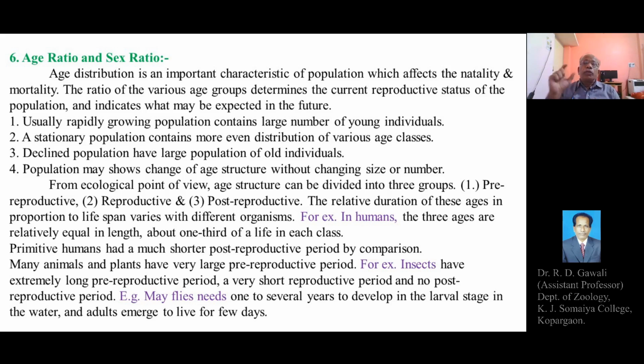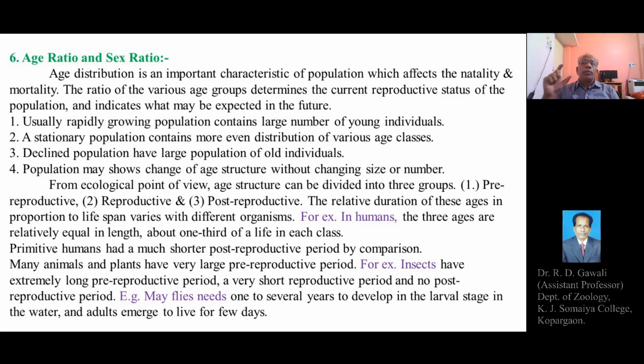For example, usually a rapidly growing population contains a large number of young individuals, that is, in the first age group, the pre-reproductive stage.